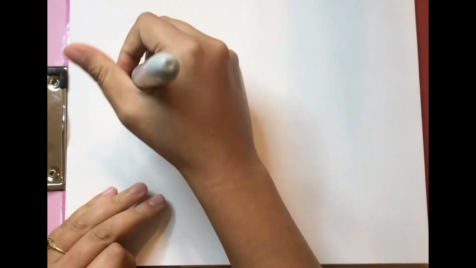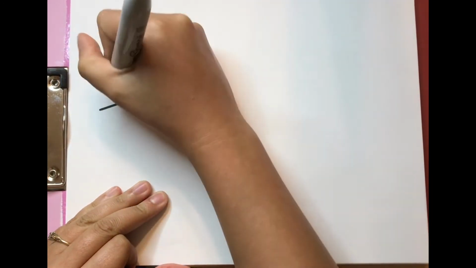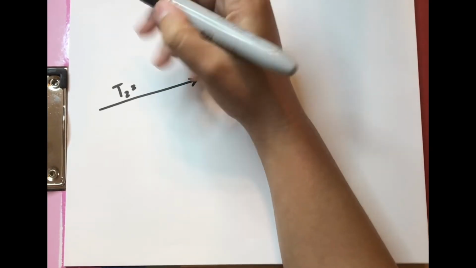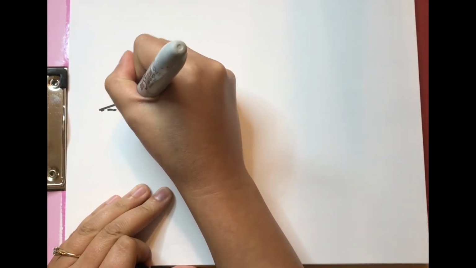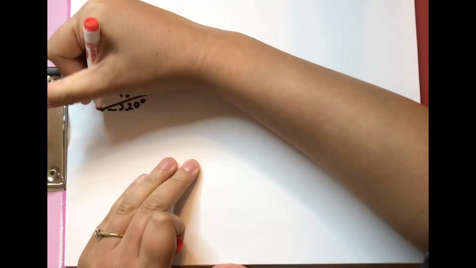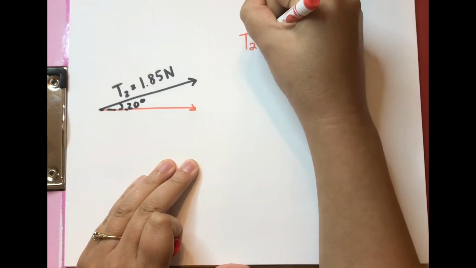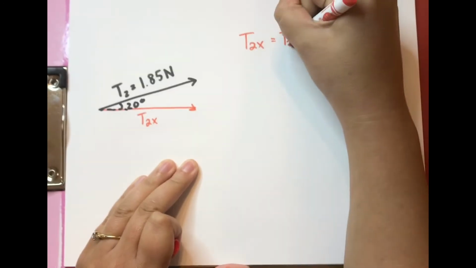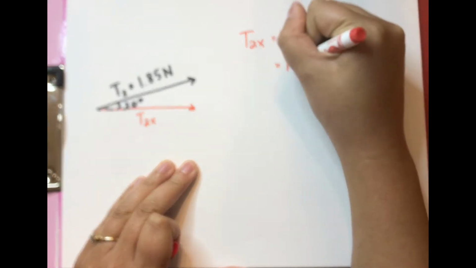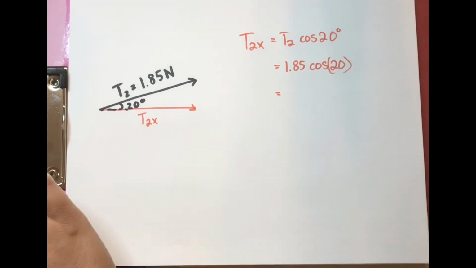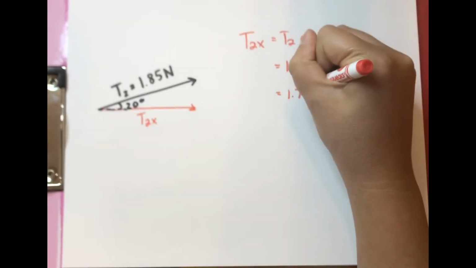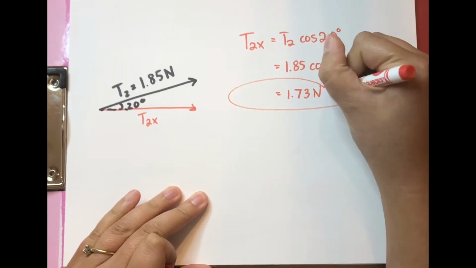So next, let's do the same thing with T2. T2 was at a much lower angle, it was at 20 degrees, so it's going to have a much lower force. Let's say we connect our force probe and the force probe reads 1.85 newtons. T2x then is T2 cosine 20. That's 1.85 cosine 20, or about 1.73 newtons to the right.